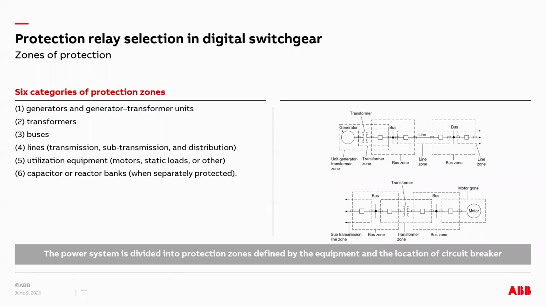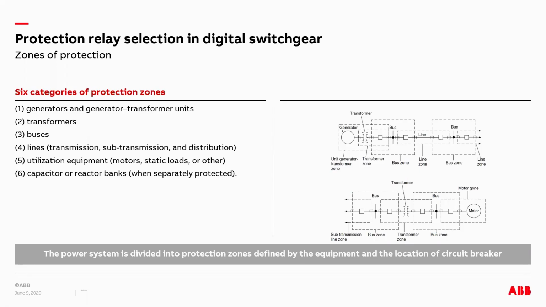As you can see here, one is a generator and generator transformer unit zone. Then there are transformers in the power system, so we need to protect those. And then there are the bus bars, and there are transmission lines in the power system. It could be at the transmission level, sub-transmission level, and at the distribution level.